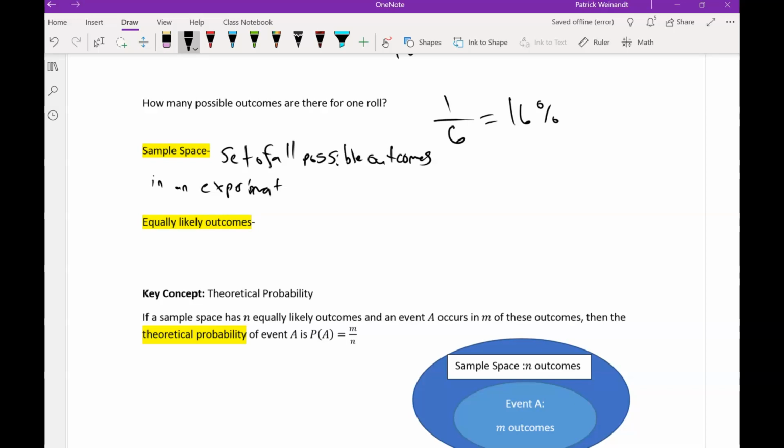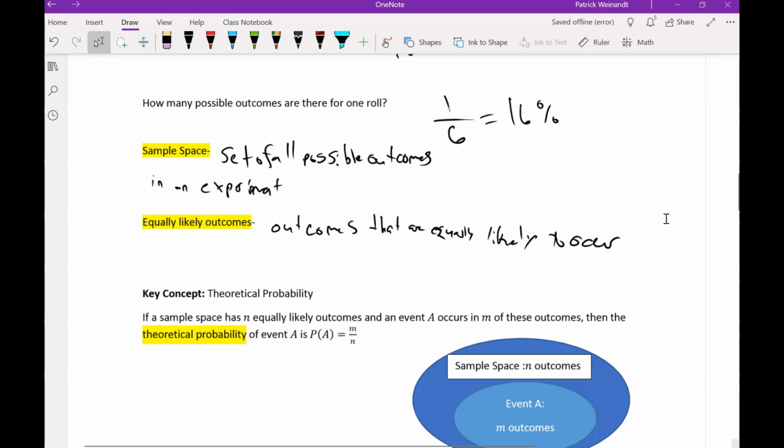It's just outcomes that are equally likely to occur. So rolling a dice, every single outcome is equally likely to occur. You're as equally likely to get a 1 as you are a 2, and so on, unless the dice are loaded. So all outcomes are equally likely to occur there.